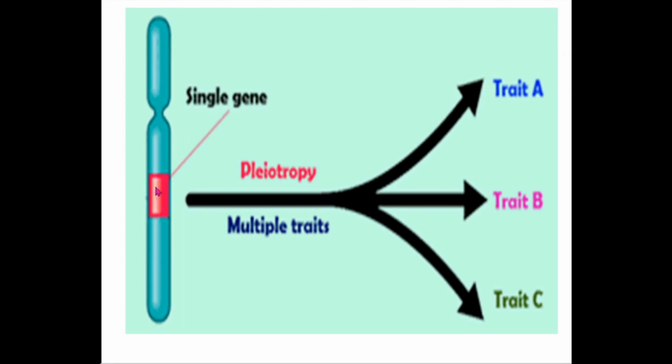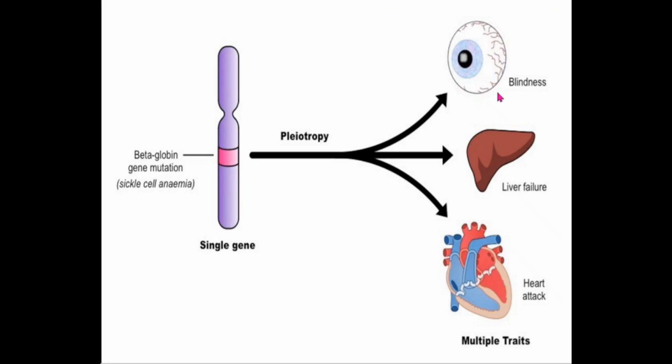Here is a single gene. This red part is a gene. If there is pleiotropy, then it will make multiple traits: trait A, trait B, trait C. What is a trait? You can see my other video. For example, this is a gene on the chromosome, and beta globin is a protein.